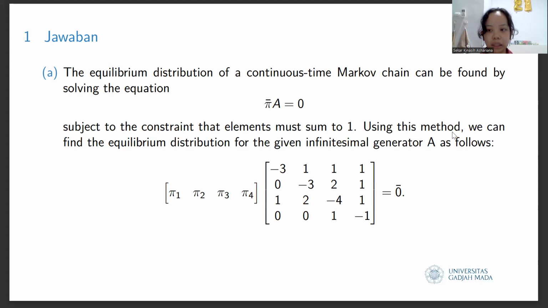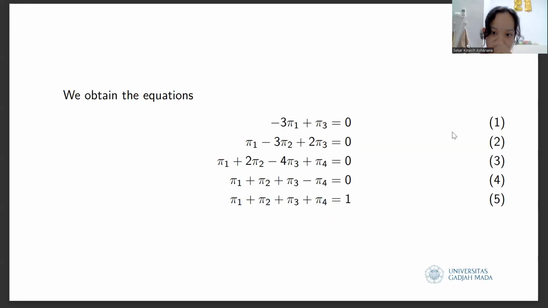In our case, we have 4 states, so we will have pi 1, pi 2, pi 3, and pi 4. Using this method, we find the equilibrium distribution by solving pi 1 through pi 4 multiplied by the matrix A equals 0 bar, which is just a column vector of 0. From multiplying the matrices, we get these 4 equations.